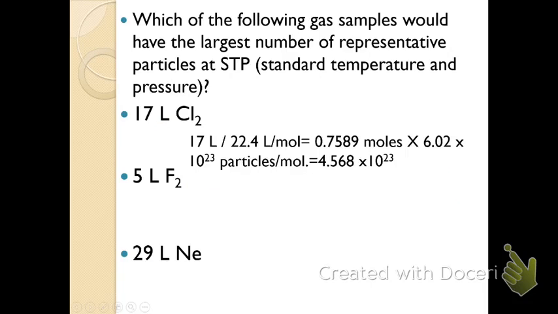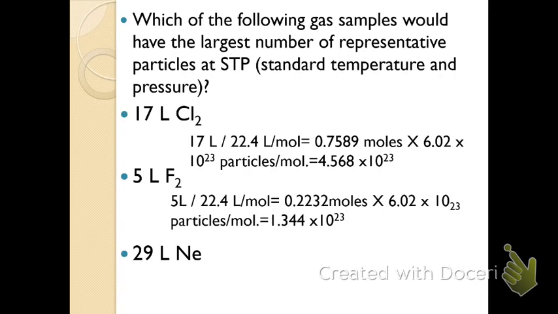So your answer is to take 17 liters divided by 22.4, and then that answer is multiplied by 6.02 E23, and you get 4.568 times 10 to the 23 particles of chlorine. If I take the 5 liters of fluorine, I take 5 liters divided by 22.4, and that answer I multiply by 6.02 E23.